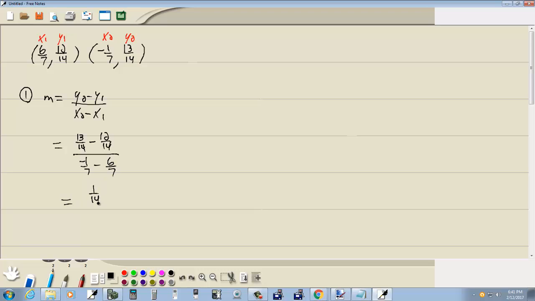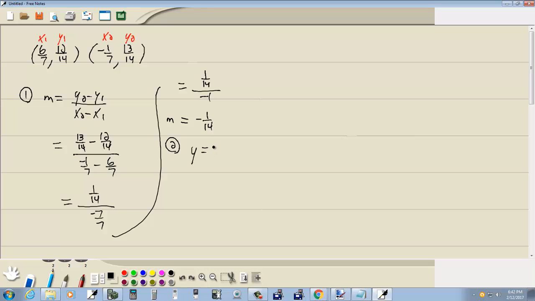That gives us 1/14 over negative 1, negative 6 is negative 7 over 7. So that gives us 1/14 over negative 1. And positive divided by negative is negative, and the 1 doesn't do anything, so this just becomes negative 1/14. And that's M.